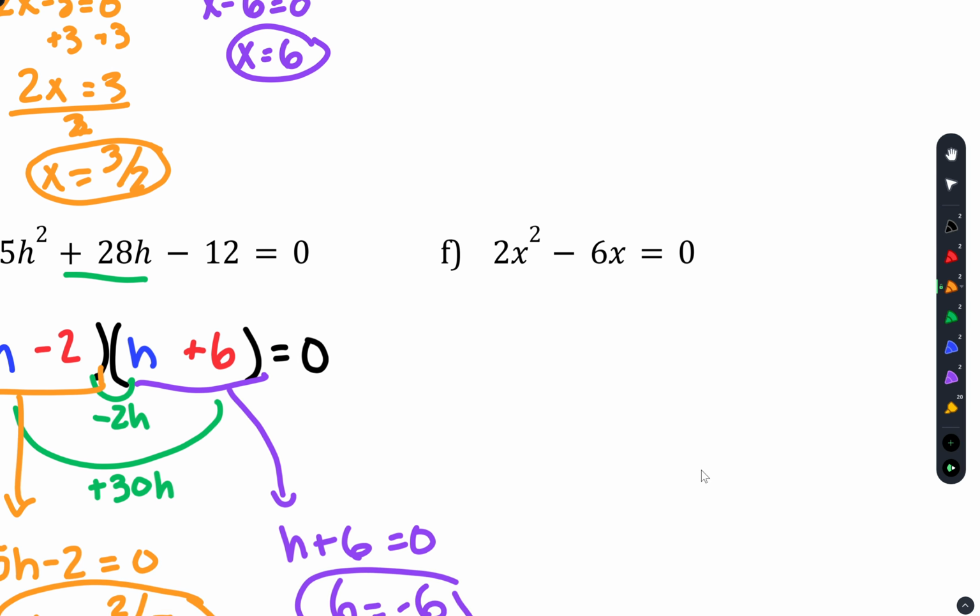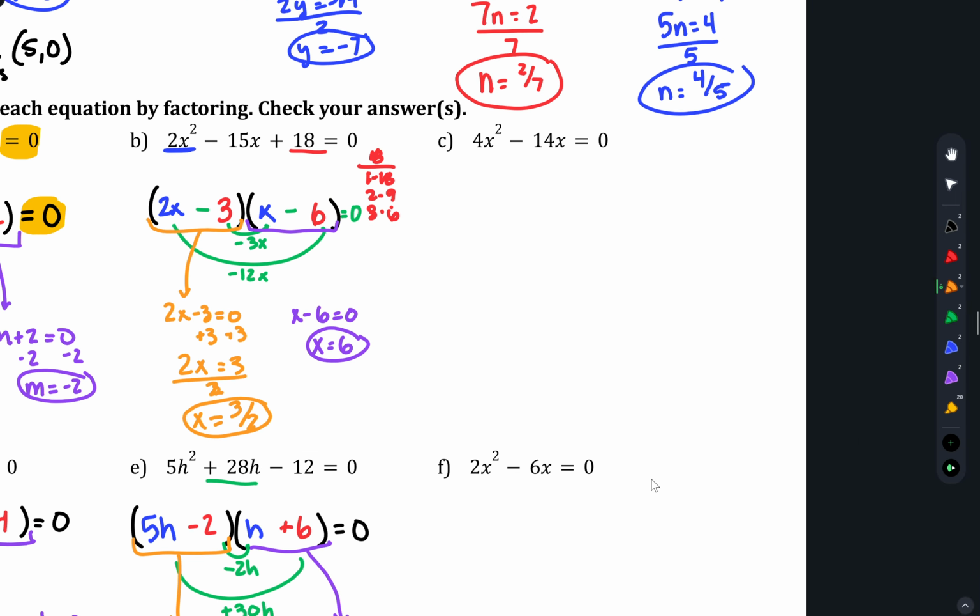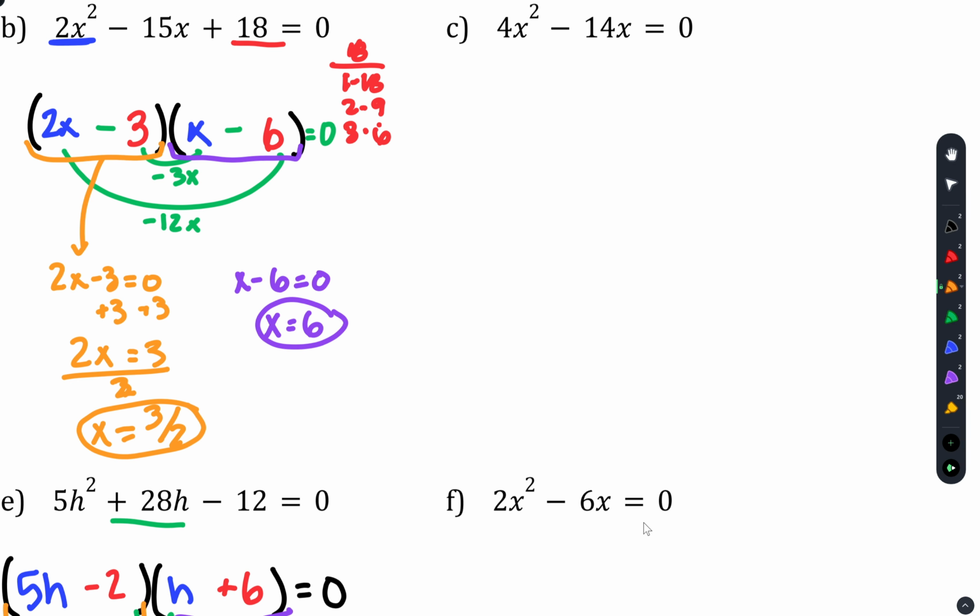This is the one that we get confused on the most. Why do we think we get confused on letters C and F the most? There's no third term. So what can we do with these two problems?